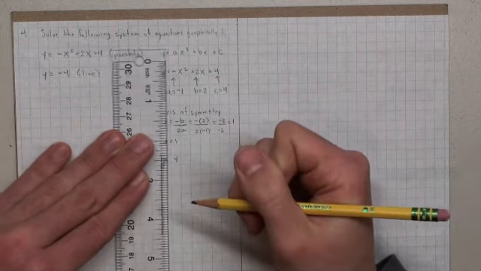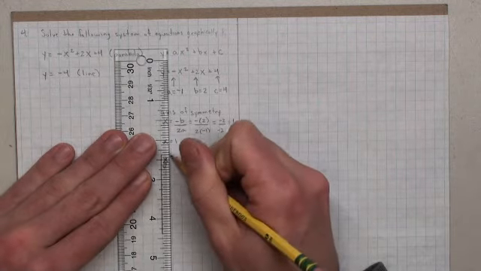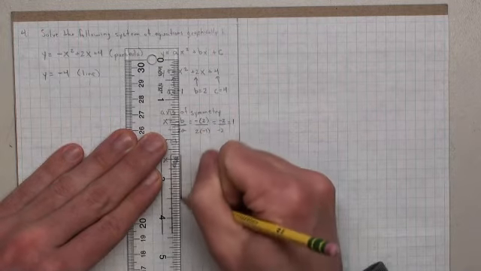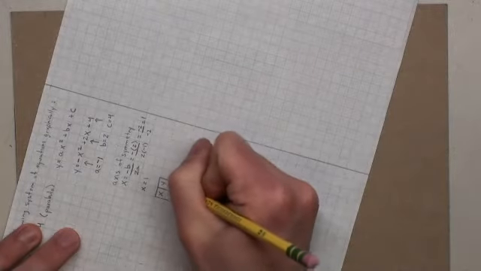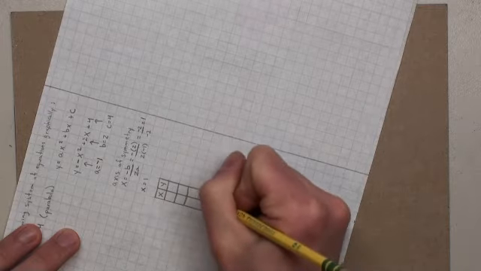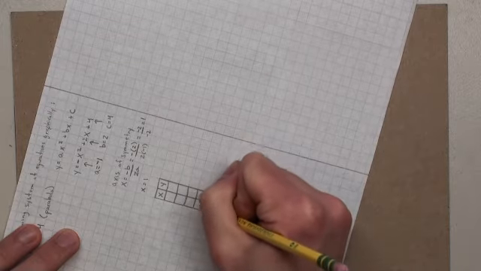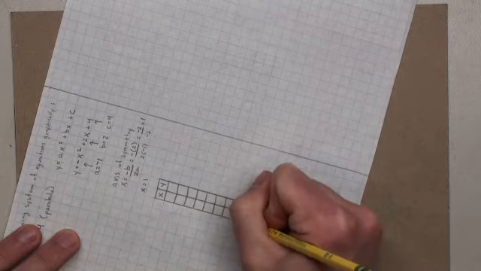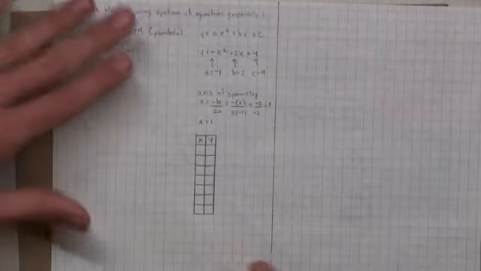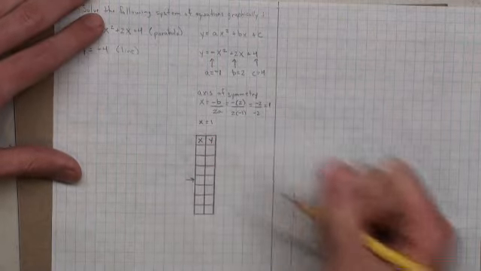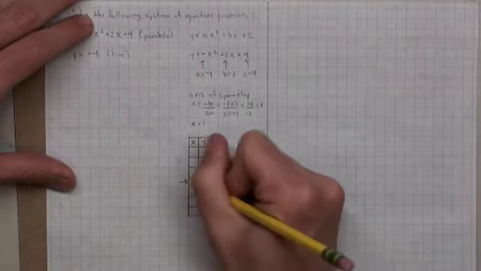Remember, I'm going down 8. Okay. And the middle is going to be where my axis of symmetry value goes.